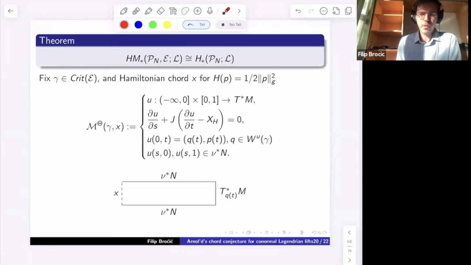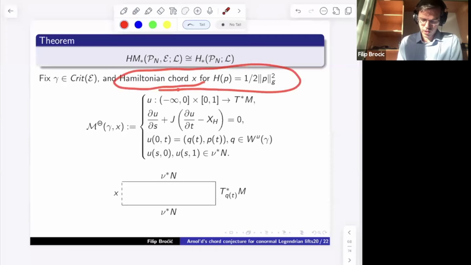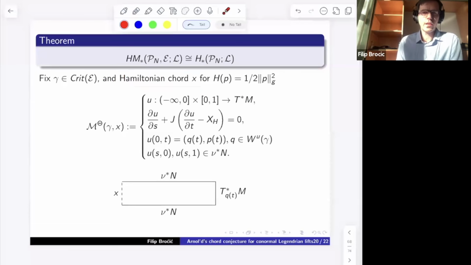Now, let me describe the desired space of solutions, which will relate the Morse side and the Floer side. So given a critical point of the energy functional, which is a geodesic gamma, and a Hamiltonian chord x of the kinetic energy, one defines the moduli space with respect to gamma and x to be the space of all maps from the half-infinite strip to the cotangent bundle, which satisfy Floer's equation.